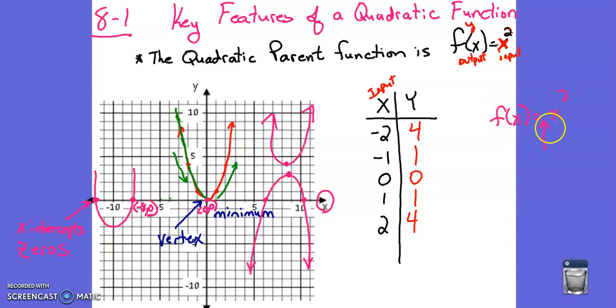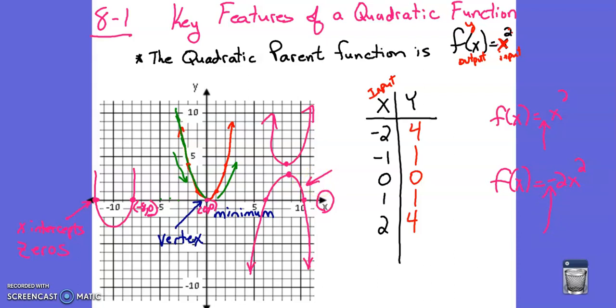Notice the number out front, which is a +1. If it's a positive number, then the parabola will open up. Now, if it happens to be a negative number, like f of x equals -2x squared, then the parabola will open down.